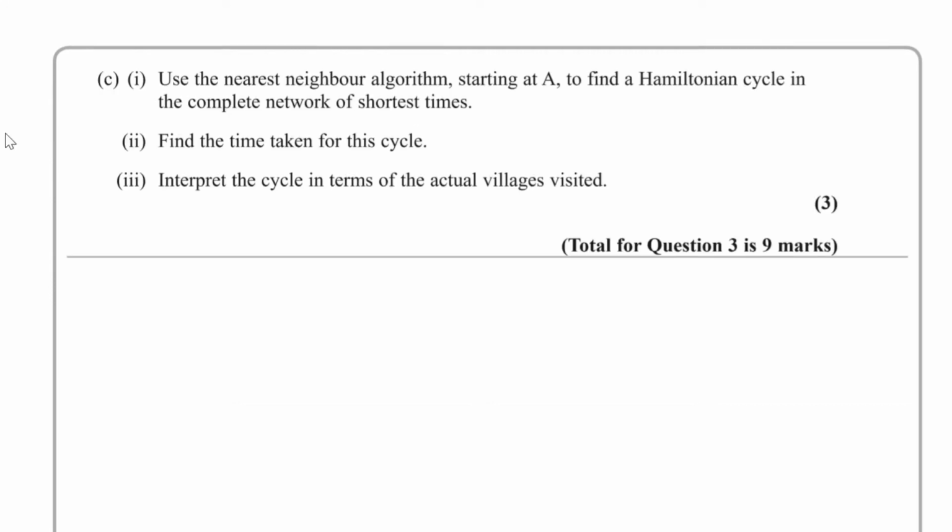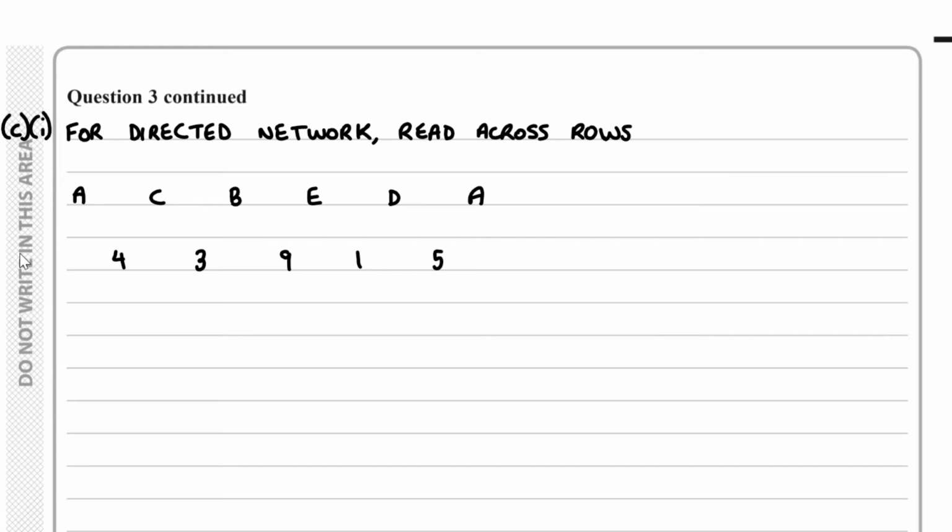And if we go back to the question paper, we have to find the time taken for this cycle. So for the next part, we add together 4, 3, 9, 1 and 5, you'd find here we get 22 minutes.